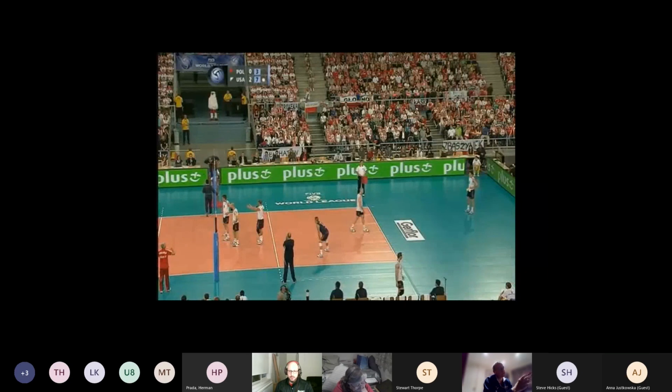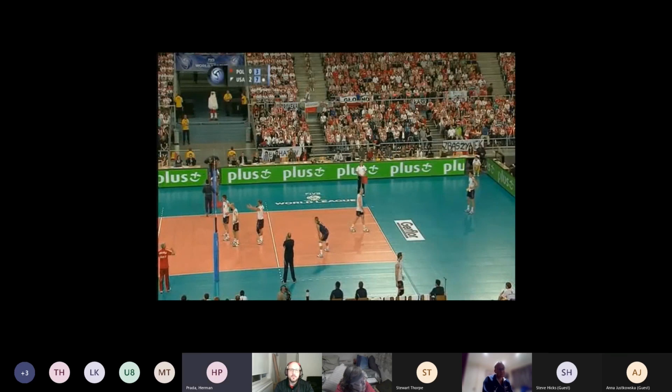So in that situation, let's say the ball is still on the USA side, in the USA space, and the blocker touches the ball first. What do you think the fault is there? Or is there no fault?